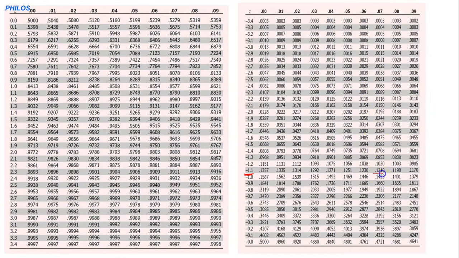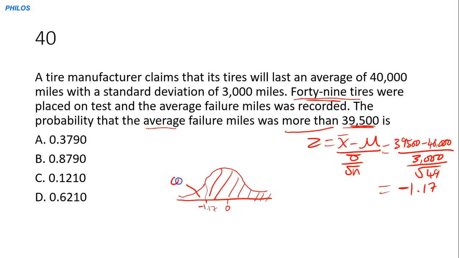So the answer is 0.1210, which means area to the left. So to get this area, we say 1 minus 0.1210. That will give us 0.8790.